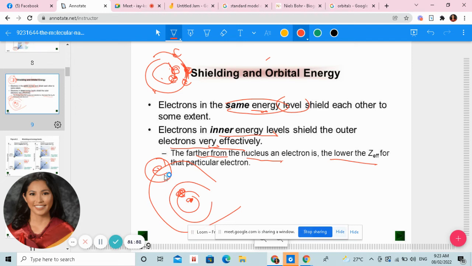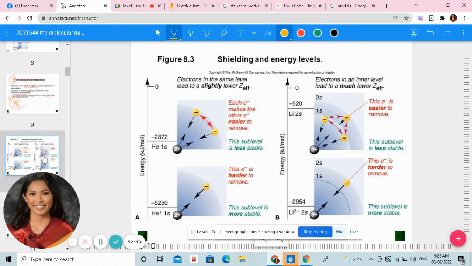Look at the distance here. It is far, so the nuclear charge is small. Whereas if we have this electron near the nucleus, the attraction is very high and strong.